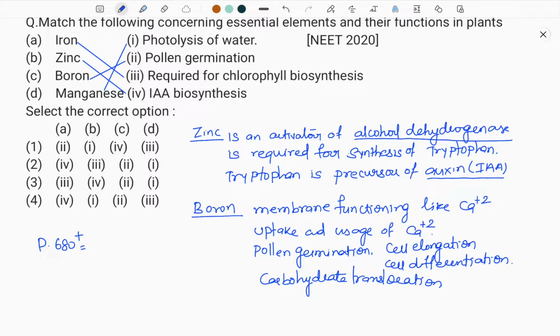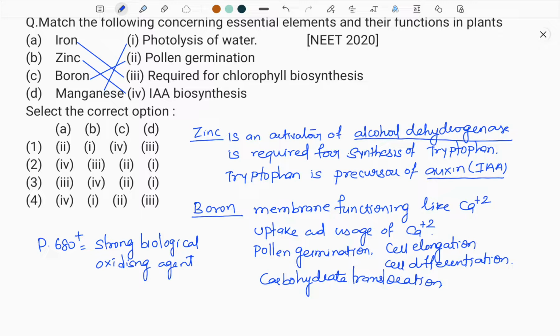This P680 plus, after losing an electron, is a strong biological oxidizing agent, which means it can extract electrons from any molecule that is nearby.